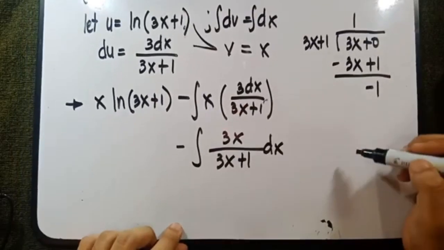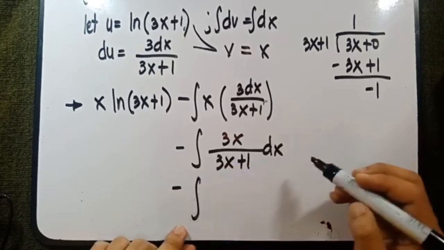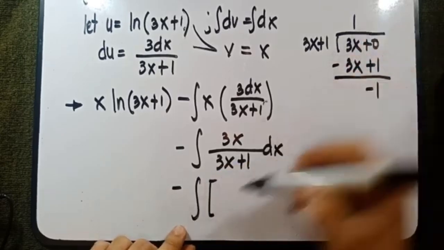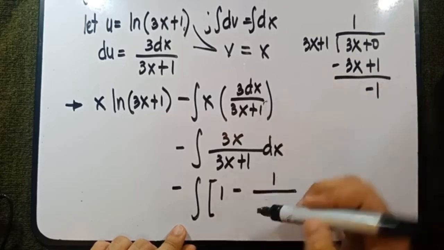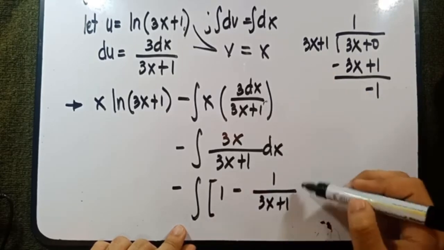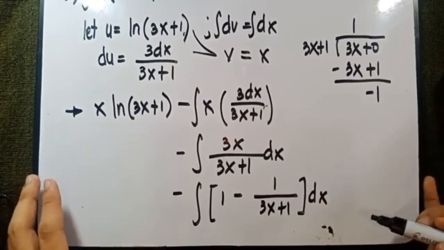So this expression is equal to 1 minus 1 over 3x + 1. And of course, don't forget the dx.